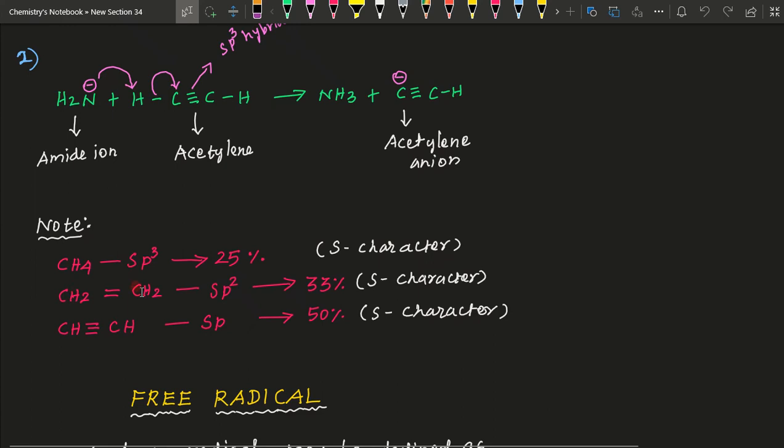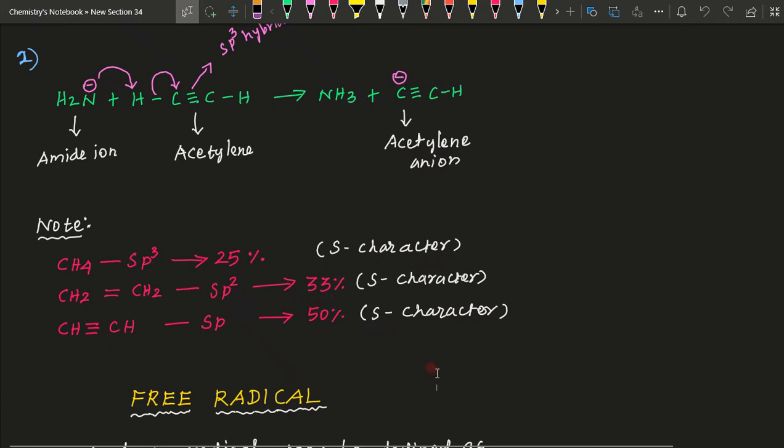CH2 is the double bond. This is sp2 hybridization. Here s character is 33%. CH triple bond CH, sp hybridization. This is the 50% of s character.